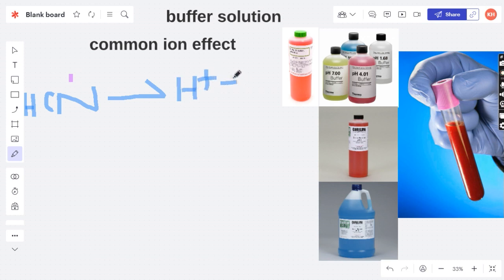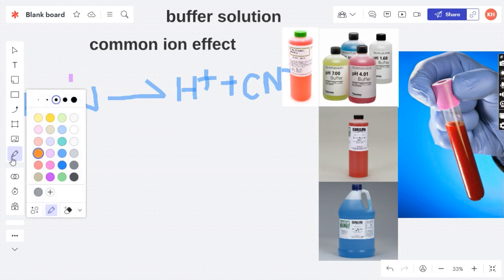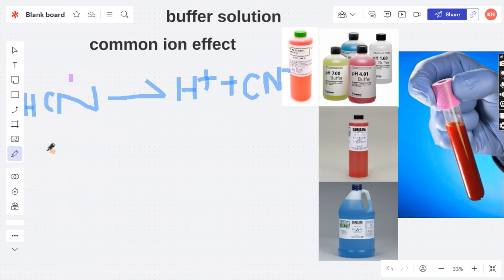For example, HCN is present inside the solution. We are adding one more component inside the solution, let's take the example of CH3COOCN.